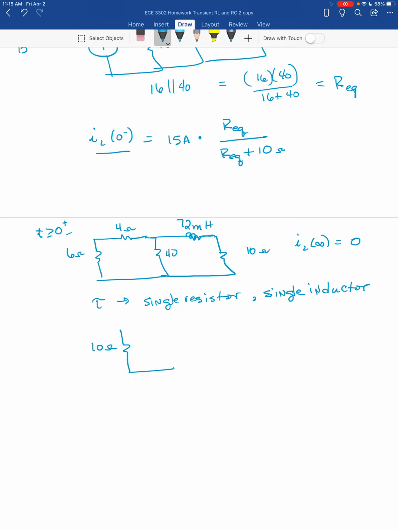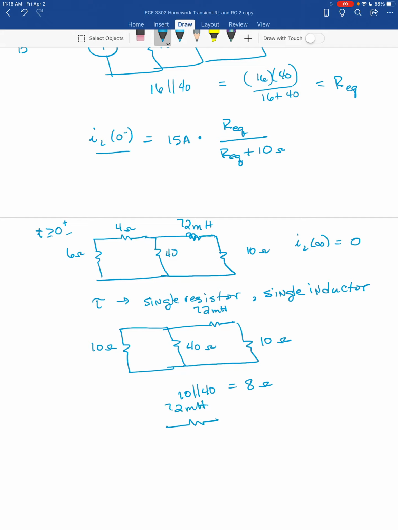So what I need to do is simplify and combine all the resistors. So there's 10 ohms, there's 40 ohms, there's my 72 millihenries, and there's 10 ohms. So 10 in parallel with 40 is 8.